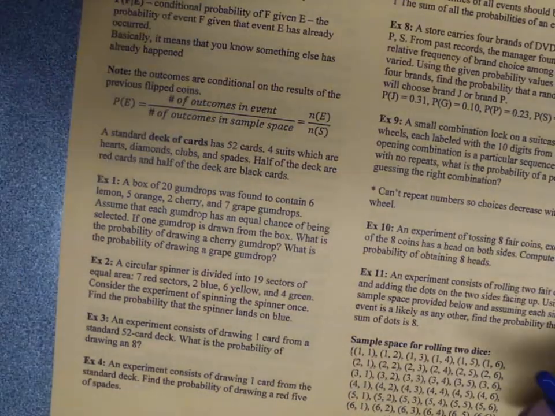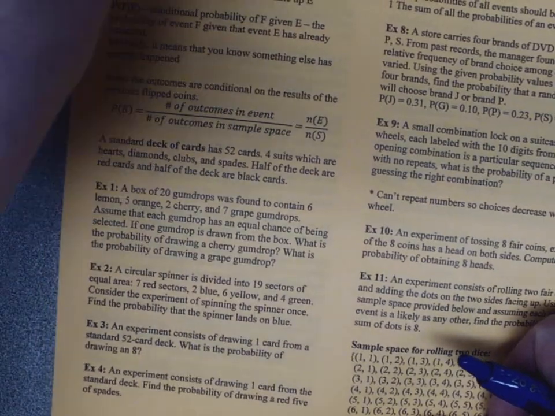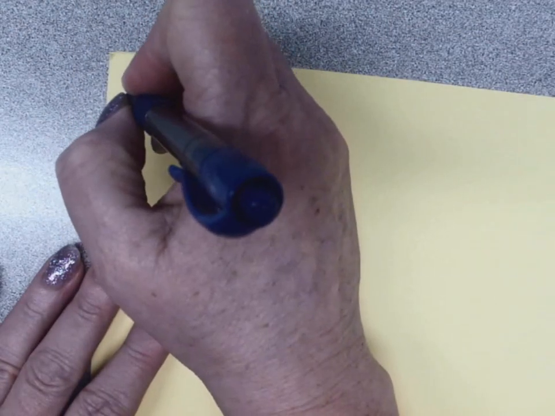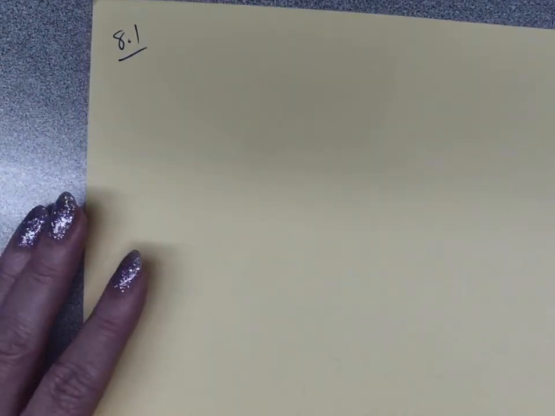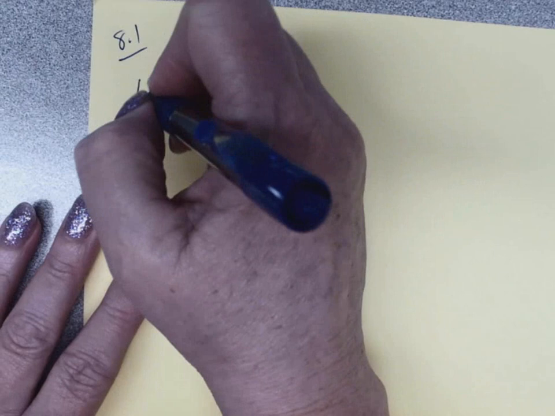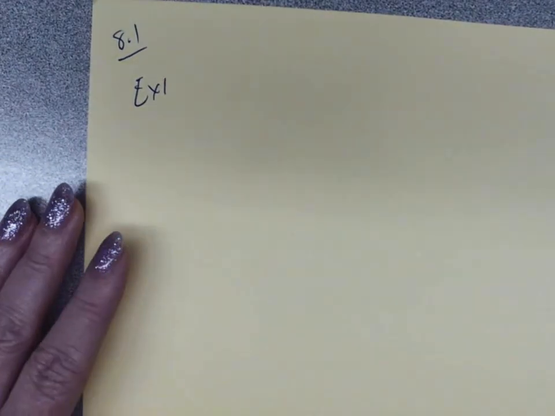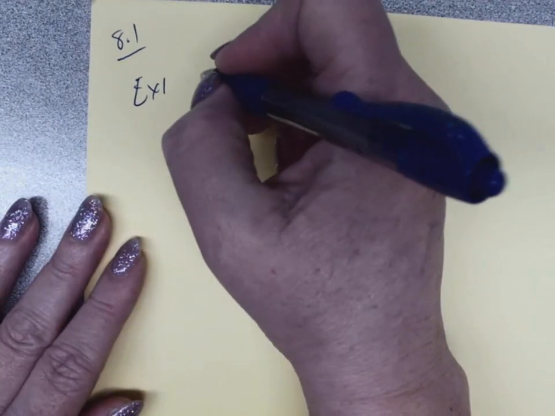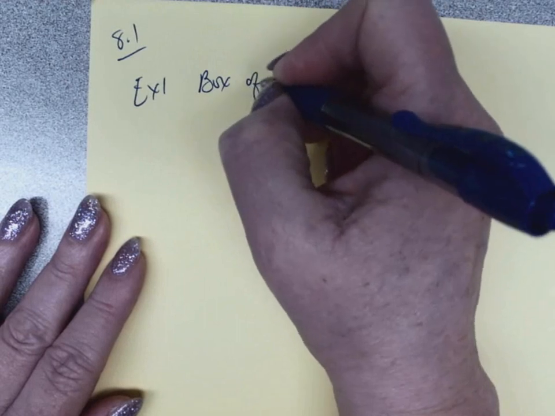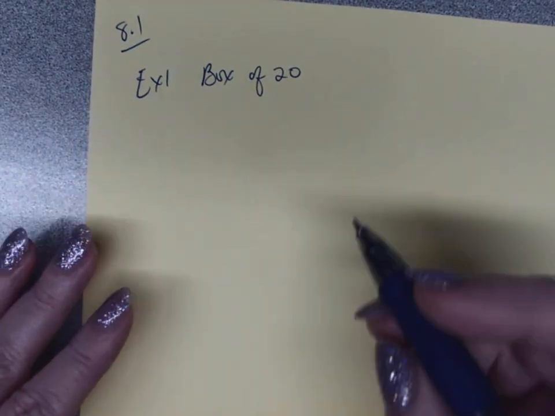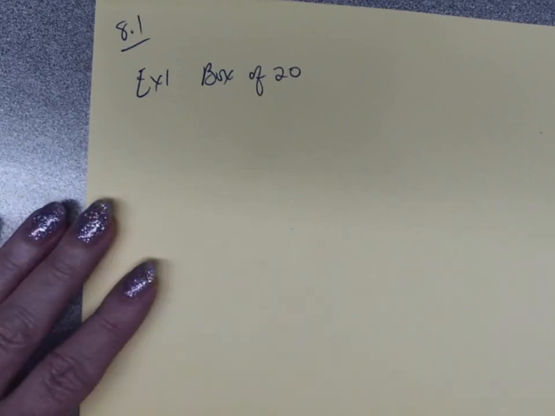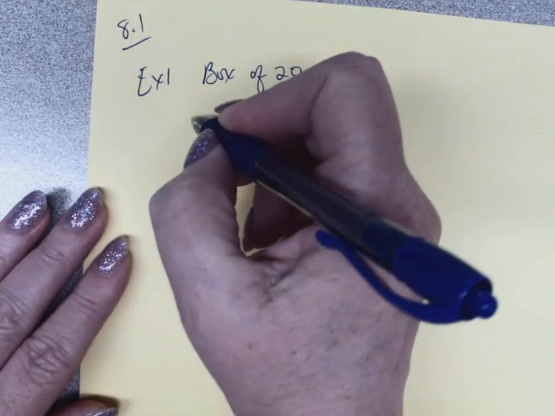All right, so let's go to a little bit of some writing for some math. This is 8.1 in our textbook. For example 1, we have a box of 20 gumdrops, and we want to know what the probability is of drawing a cherry.